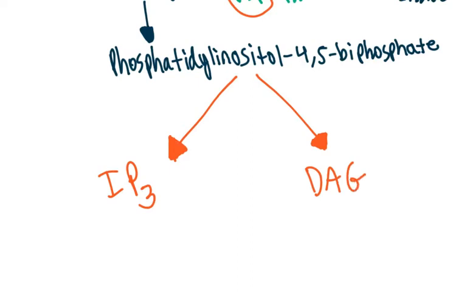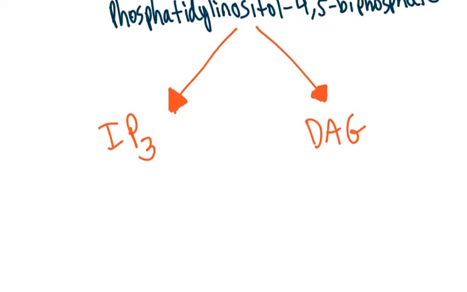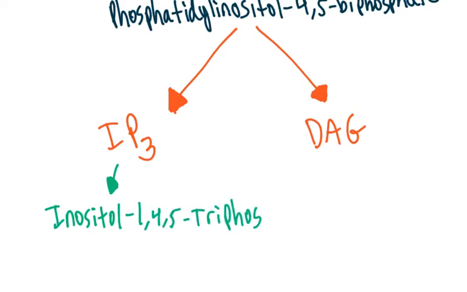IP3 stands for inositol 1,4,5-triphosphate, and the reason it's triphosphate is because we have a phosphate group in 3 places: on the 1st carbon of inositol, the 4th carbon, and the 5th carbon. So it's inositol 1,4,5-triphosphate.